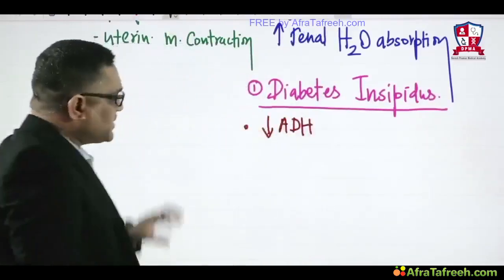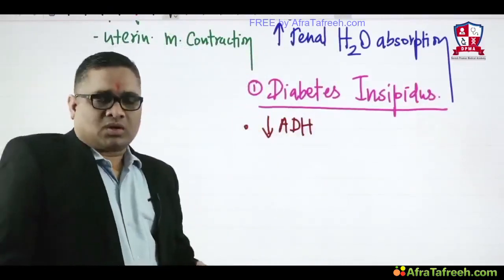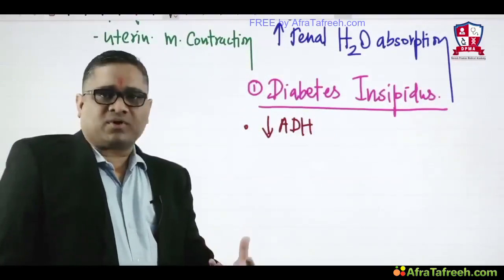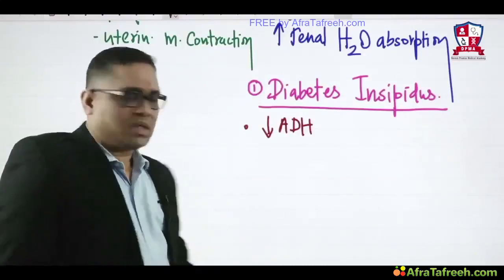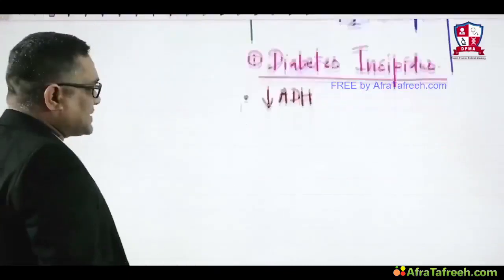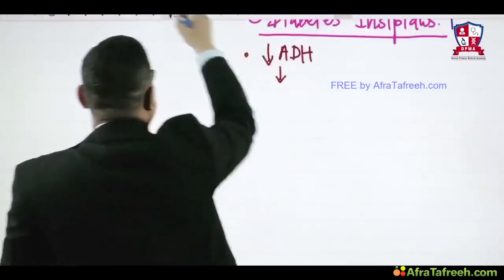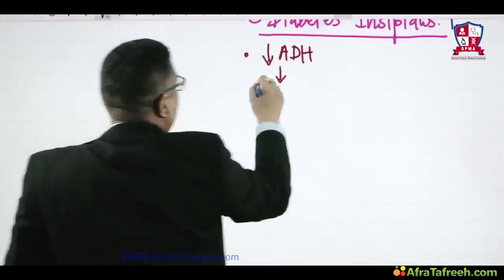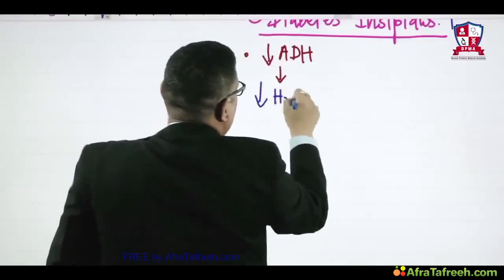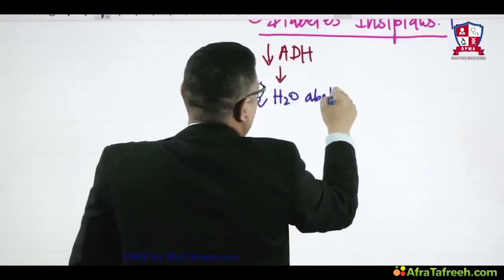Normal ADH is required for more water absorption from the kidney. So because of decrease in ADH, there will be decreased water absorption from the kidney.